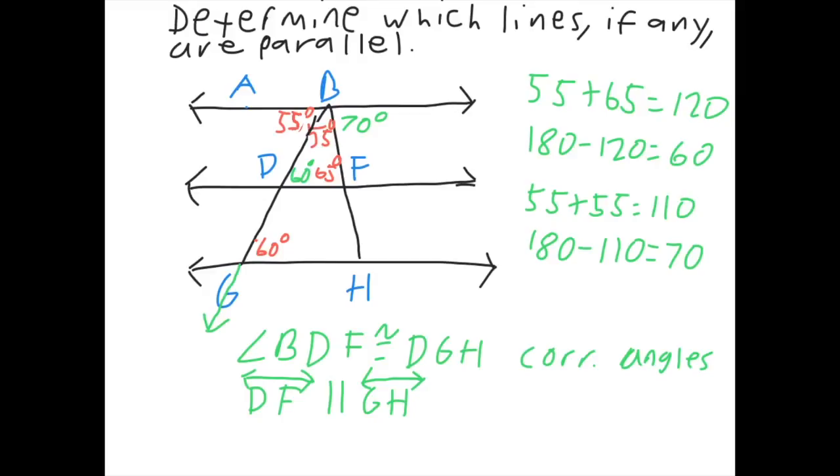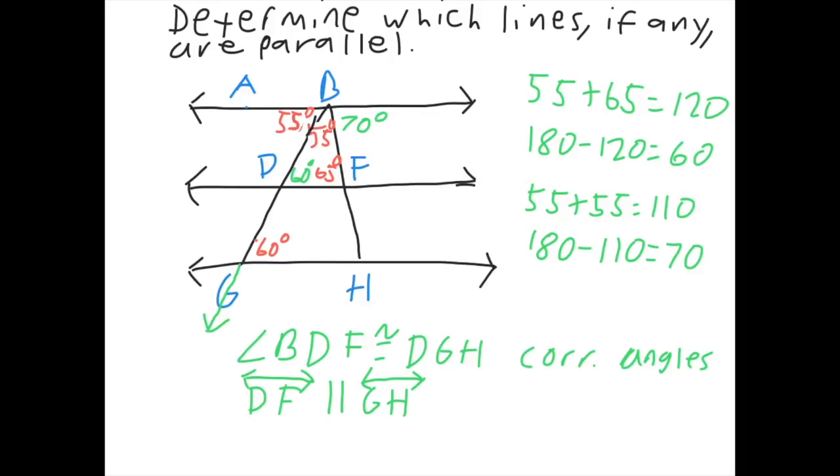So now, if we are trying to see if these two lines are parallel and this is the transversal we're talking about, then this angle right here is 65 degrees and this one is 70. These are both on the interior of the parallel lines, inside the parallel lines, but they're on opposite sides of the transversal, alternate sides.